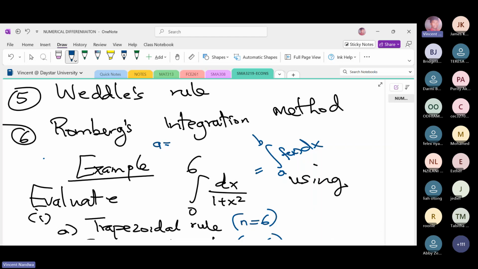If you compare the general integral and the integral we have at hand, what is the value of a? 0. B? 6. Then n, we have been given to be 6. So can you find the value of h?